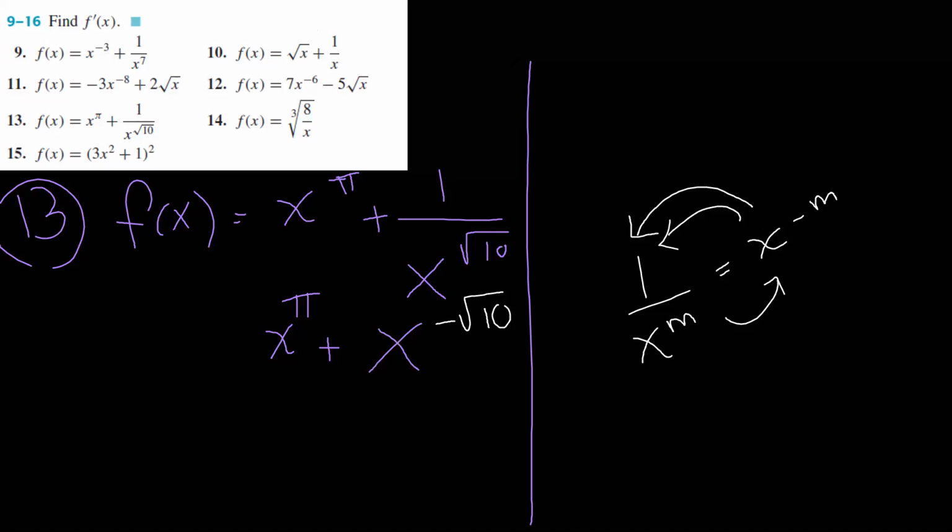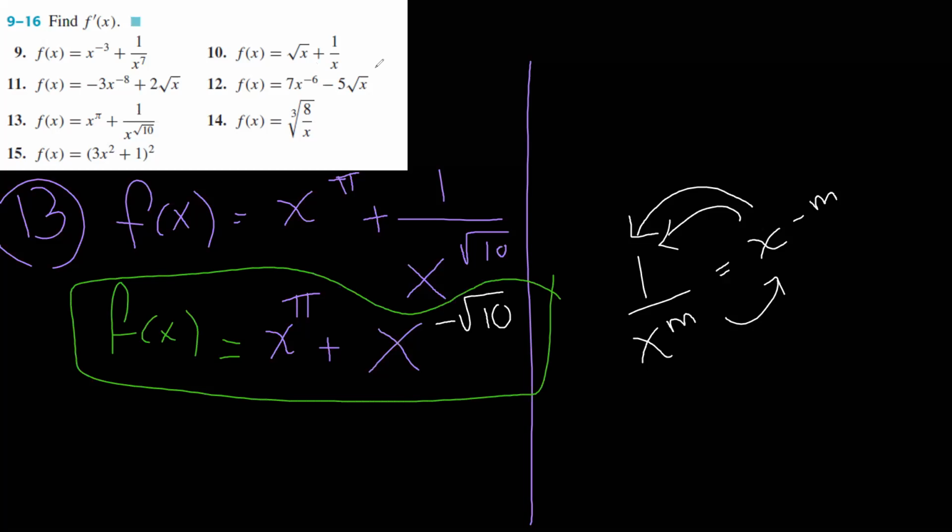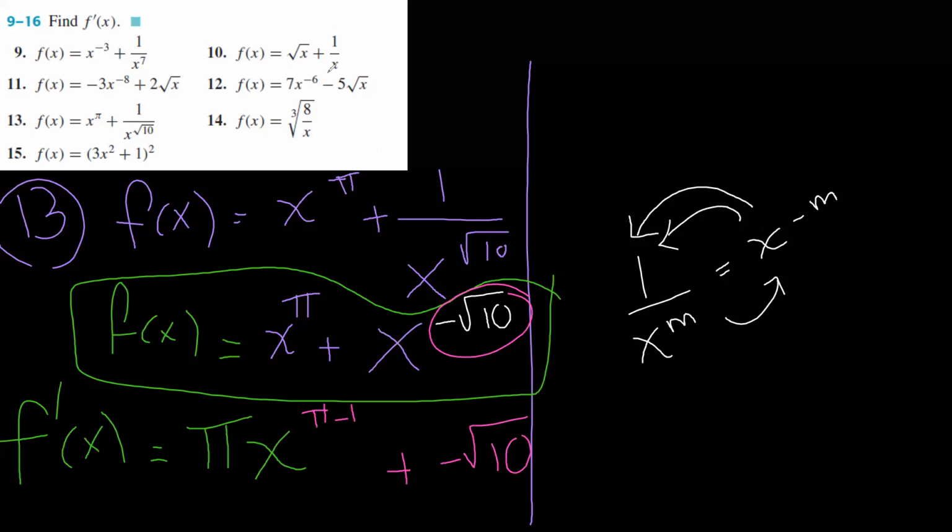So then after that, here now I have f of x. This will be now my function. I want now to find f prime of x. It will be pi x raised to the power pi minus 1, plus negative square root of 10 times x raised to the power negative square root of 10 minus 1.